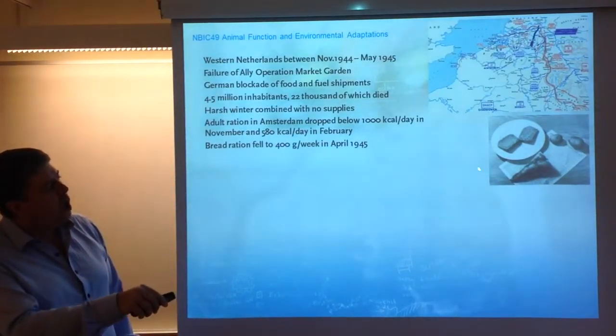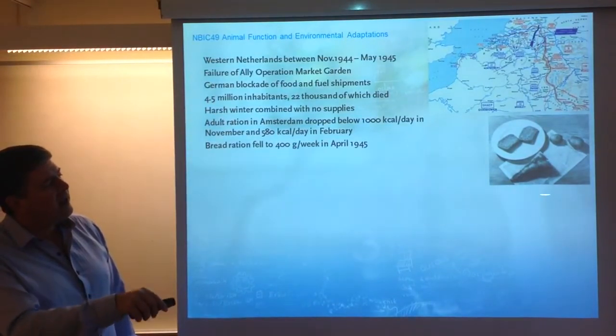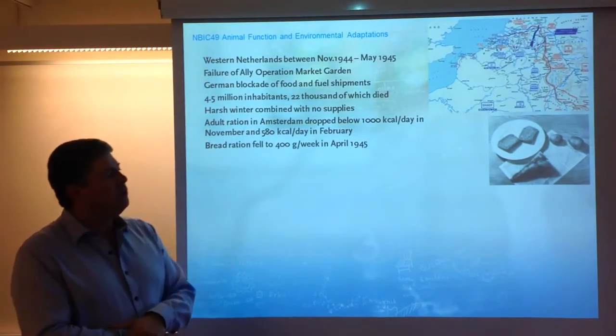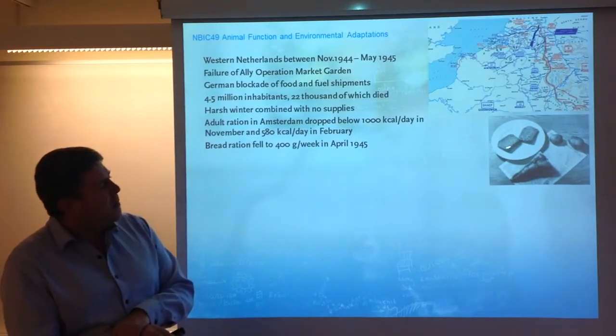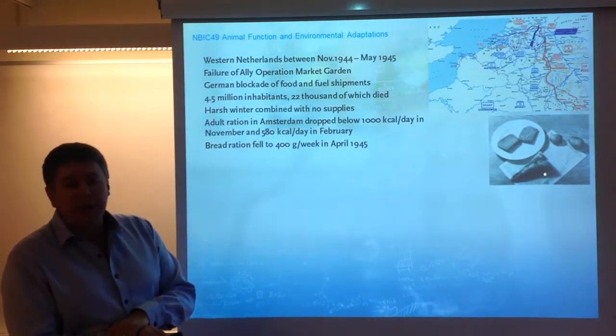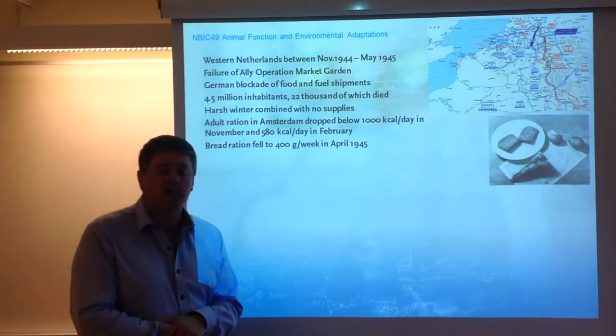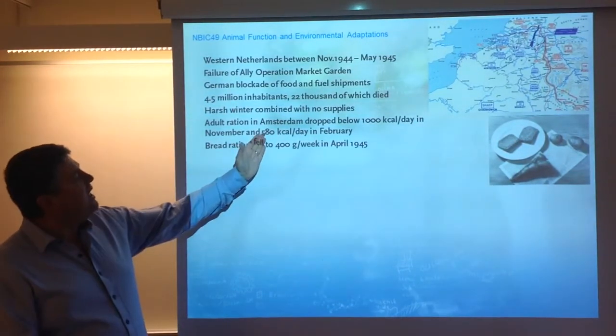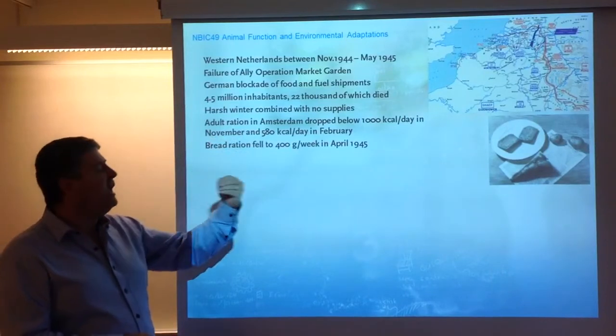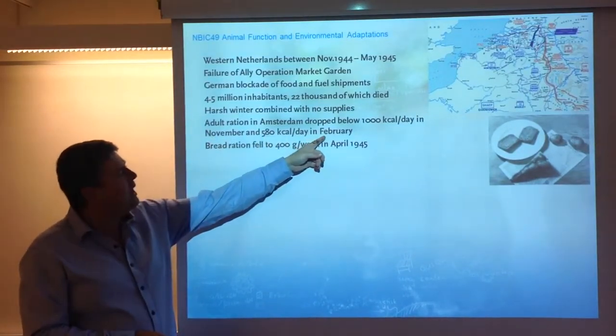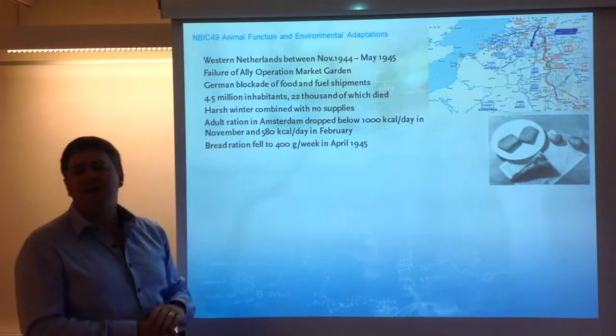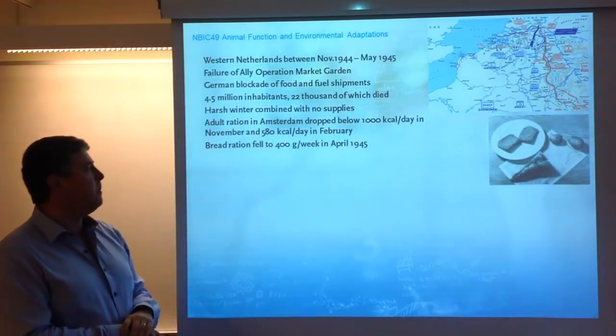Here you see an example of the food ration that the Dutch living in these territories were able to consume. A couple of pieces of stale bread, a couple of potatoes, some root beets. As you see, that's not much nourishment in these meals. The energy intake at the end of February 1945 dropped down to 580 kilocalories per day.